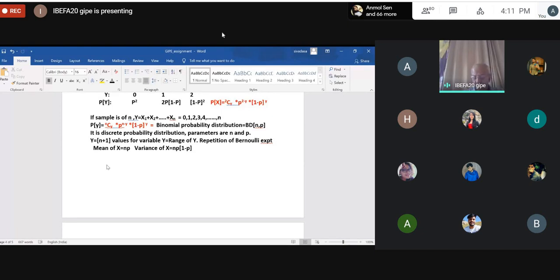That will help you for problem solving. Mean value of x will be np, variance of x will be np into 1 minus p.